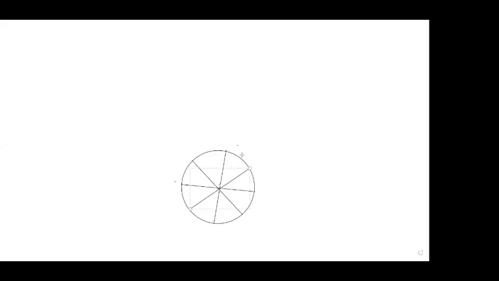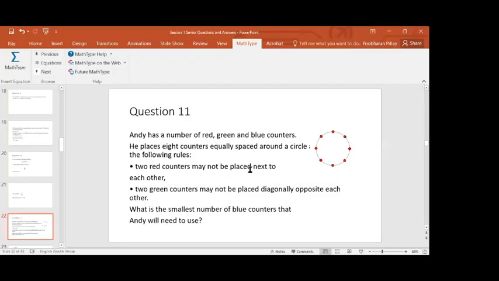Okay, so I'm going to place my counters. There are 8 spots on the boundary, and let's go back to the question now. I need to just navigate between this and the question. Right.